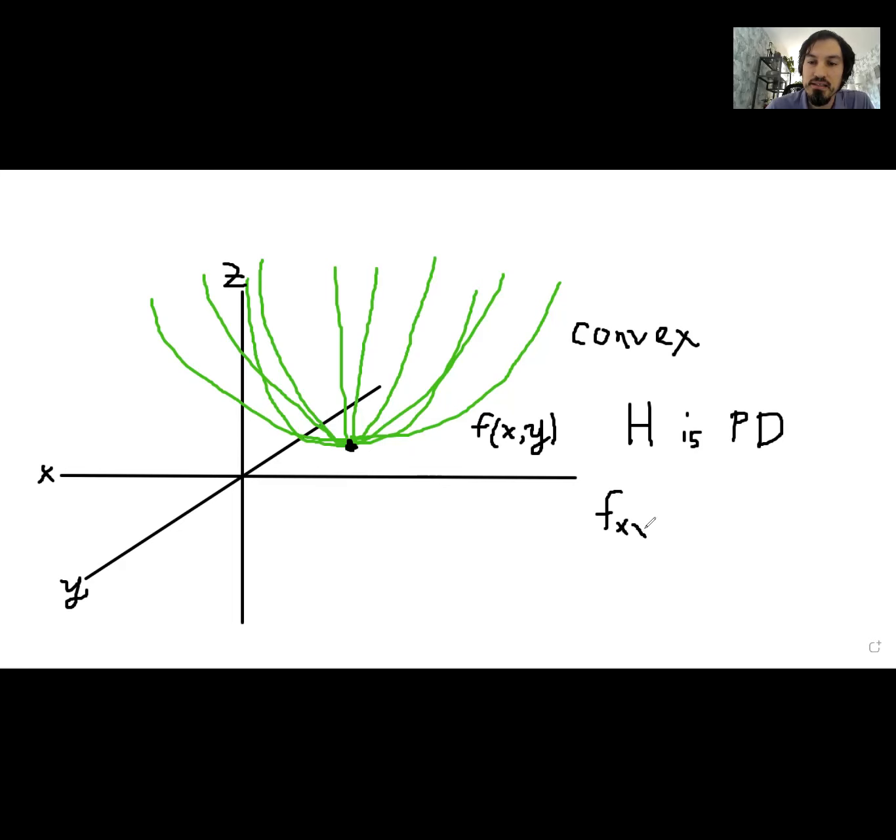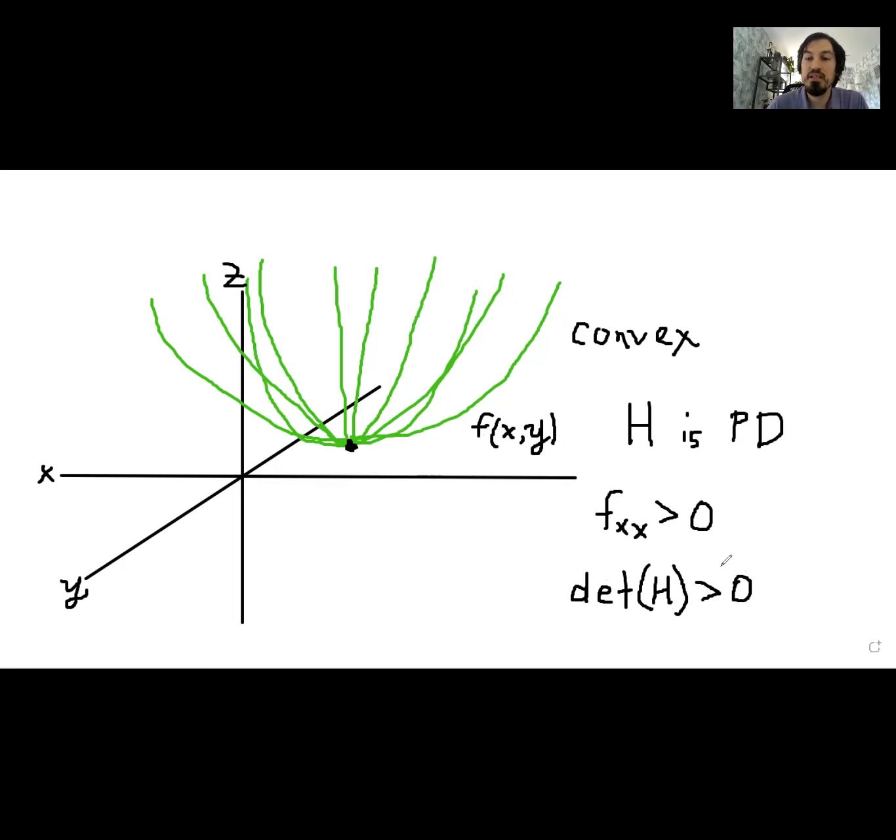fxx is positive, right? You can kind of see that. Fxx is positive. Well, that's kind of like the bowl shape just in the x dimension. But also, there's this other thing. The determinant of the Hessian matrix should be positive as well.